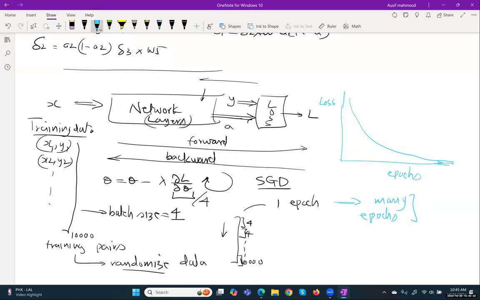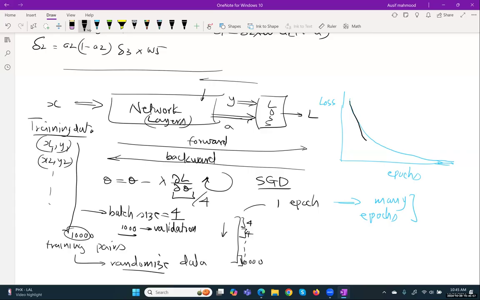Okay. But what we do is, for our training data, if it is 10,000, we'll also create maybe 1,000 validation data, which we do not use during training. So every epoch, we'll test it on the validation data, and also compute the validation loss.